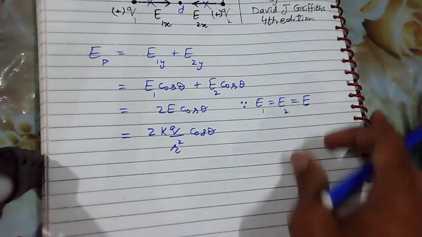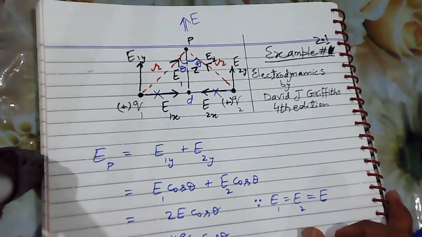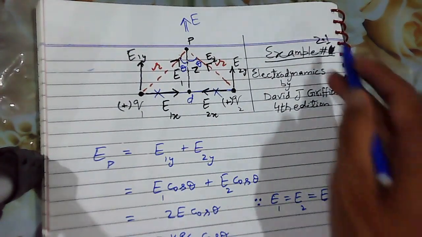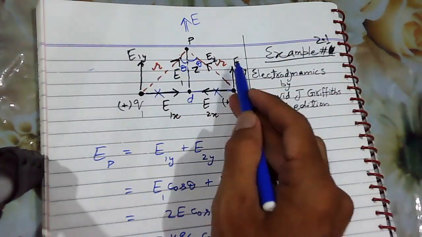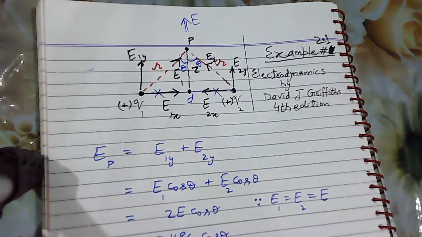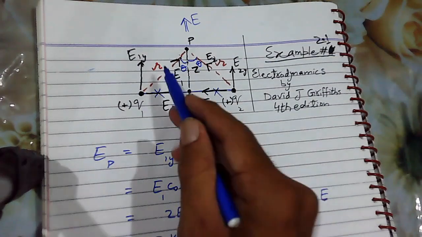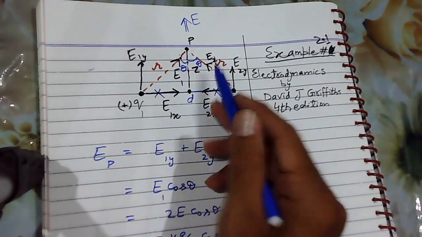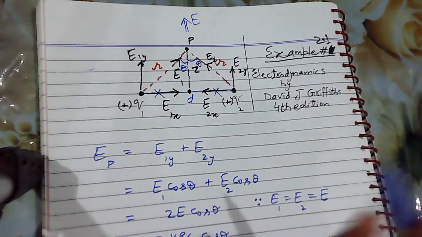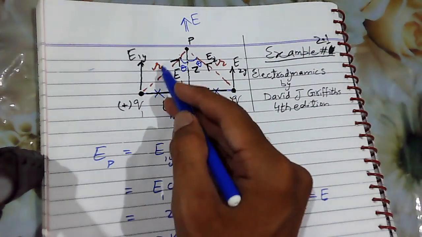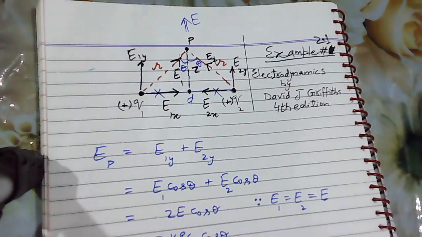But unfortunately, in the statement of this example, this r has not been defined. Here we have introduced r ourselves just for simplicity. So we have to convert this r into non-variables.